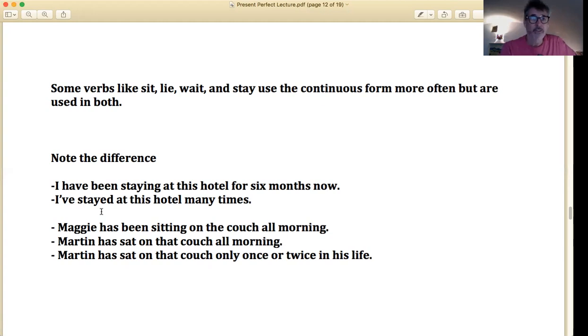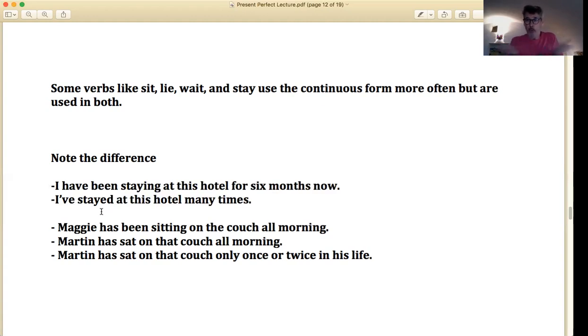So if I use "stayed at this hotel many times," what that means is that sometime at one point in the past, right, I stayed at that hotel, and then again, and that I've done it. In the past, I've stayed there many times, and I can stay there in the future.